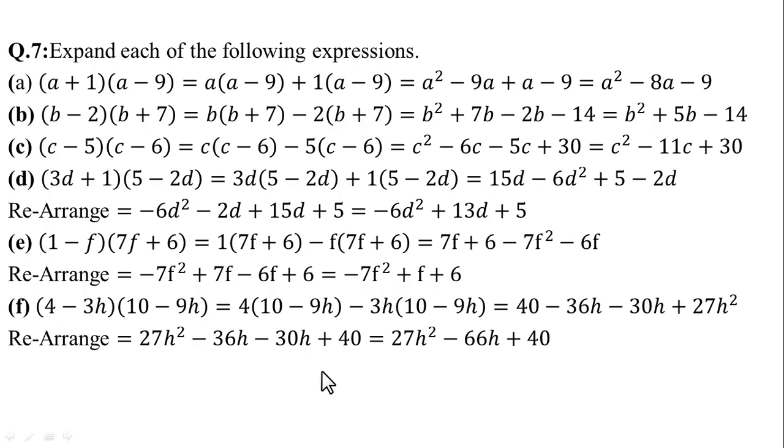Now rearrange the values: 27h square − 36h − 30h + 40, which is 27h square − 66h + 40. So the final answer of H part is 27h square − 66h + 40.